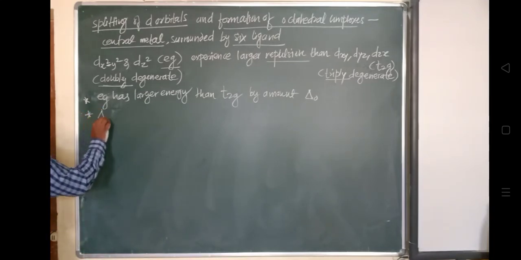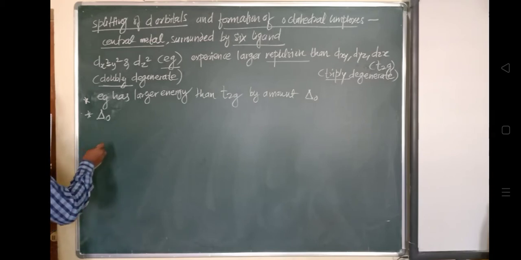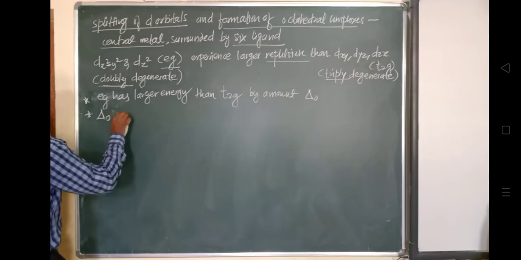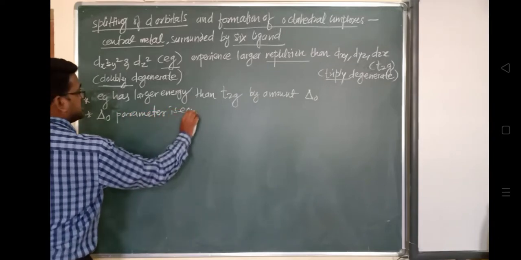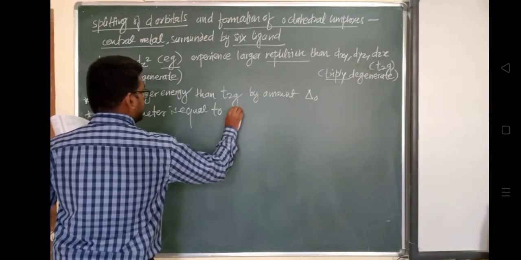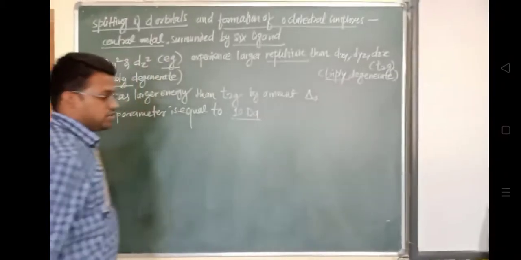The crystal field splitting parameter, that is the delta naught parameter, is equal to 10 Dq. So what is this 10 Dq? 10 Dq is the unit.